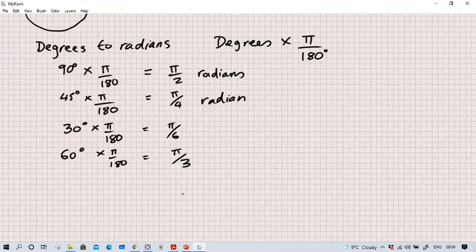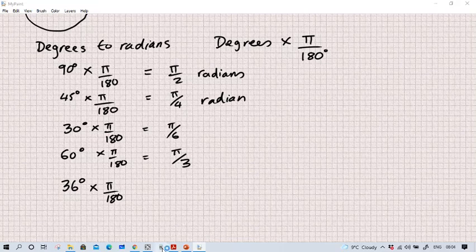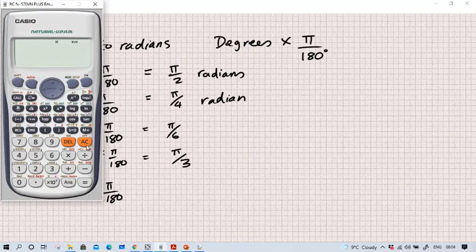So there are common angles that we'll always express in terms of pi, but if I was converting something like 36 degrees times pi over 180, I'll take the calculator up. The calculator can show it as a multiple of pi. So we're looking at 36 degrees, so let's say 36 times pi, using shift, and we divide that by 180.